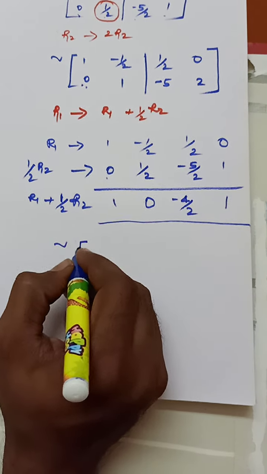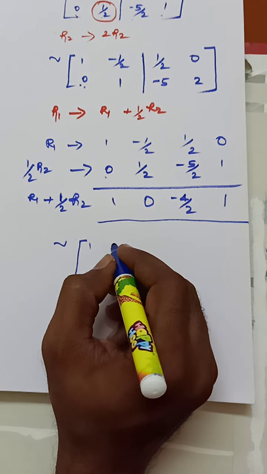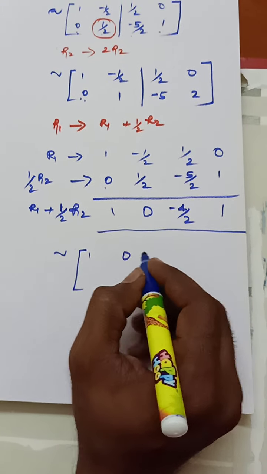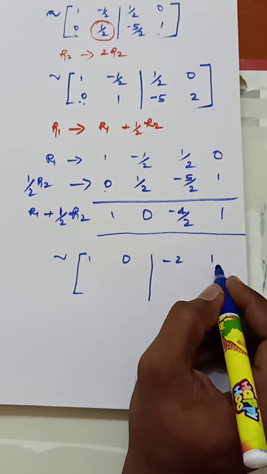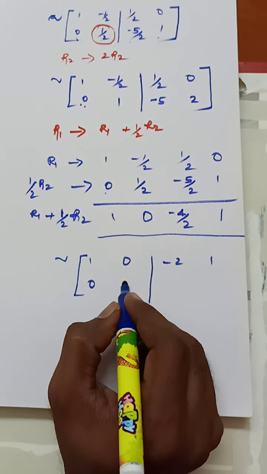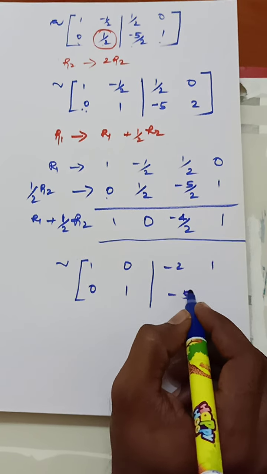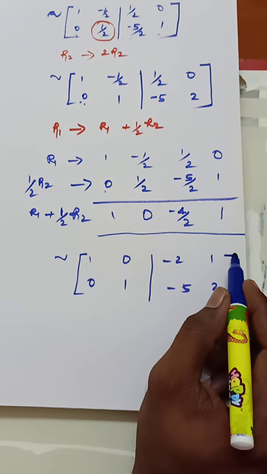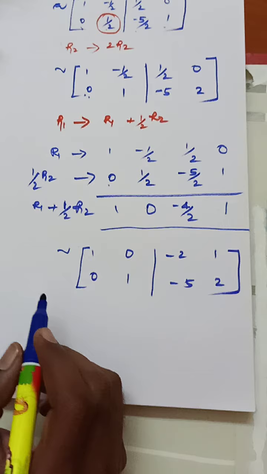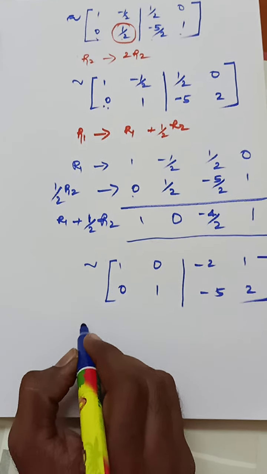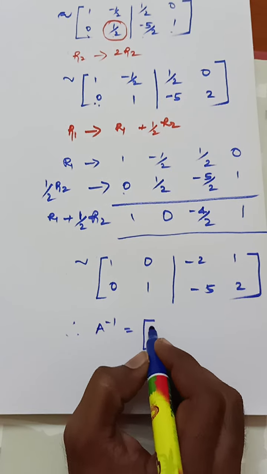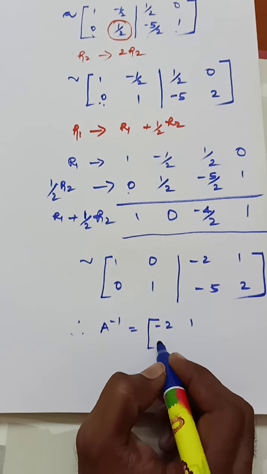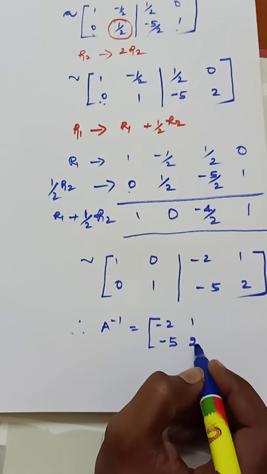So that is equivalent to 1, 0, minus 2, plus 1. R2 is 0, 1, minus 5 and plus 2. So what is your A inverse? Therefore your A inverse is nothing but minus 2, plus 1, minus 5 and plus 2.